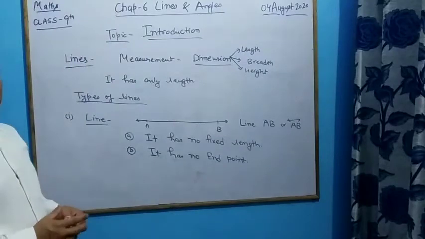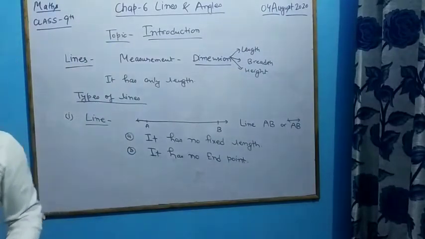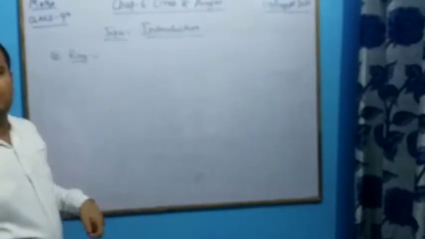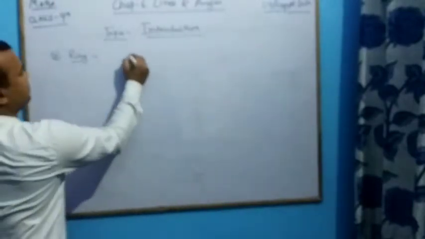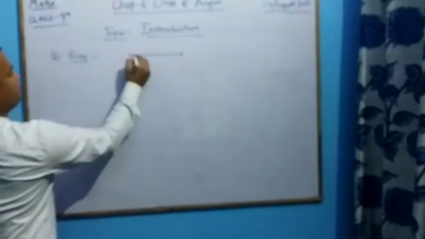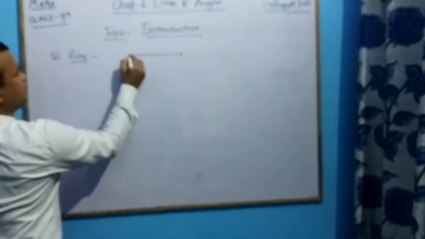Let us see the another type. The second type of line is a ray. Let us see how to draw a ray. I have drawn one example.